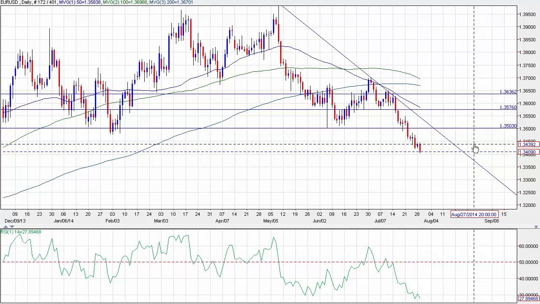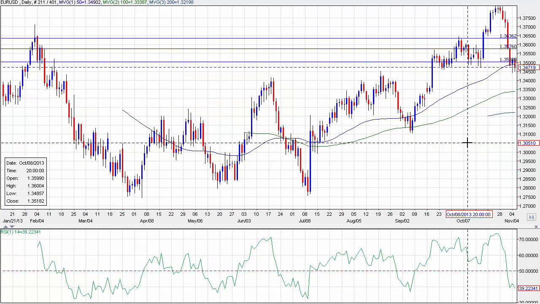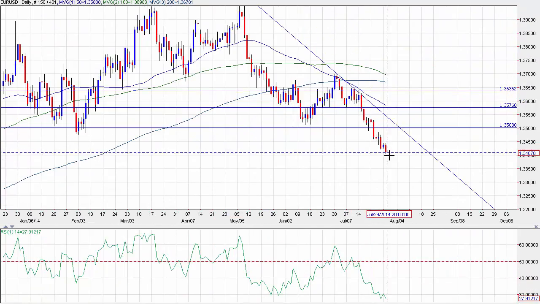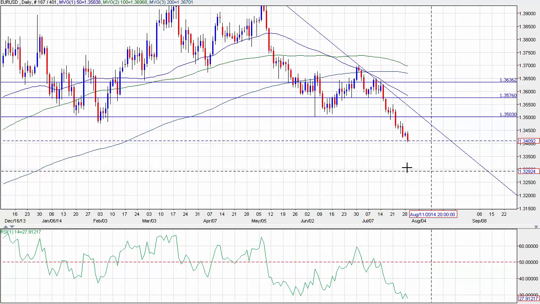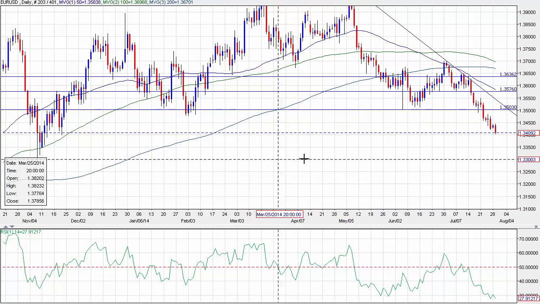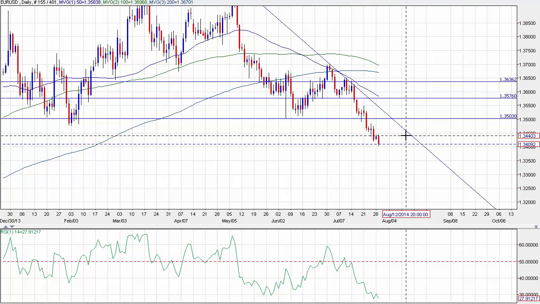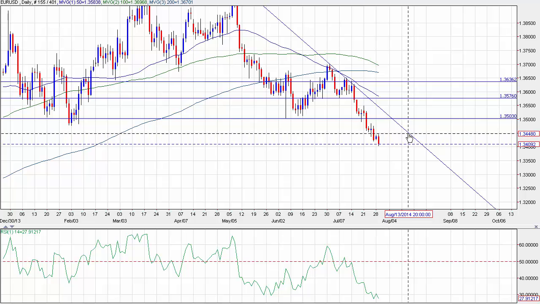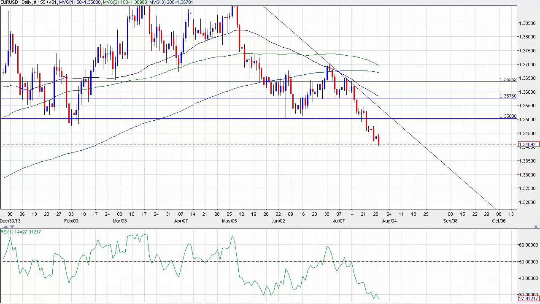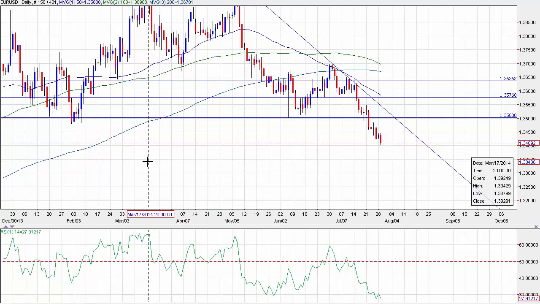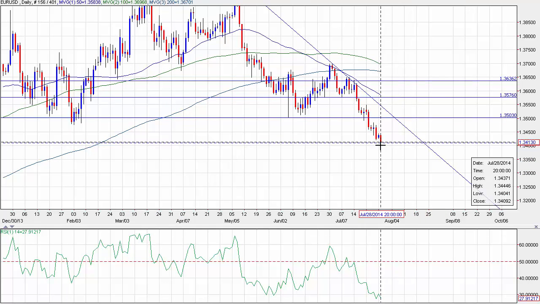Now, if at the end of the day the FOMC is hawkish and indeed hints at a rate hike before mid 2015 or accelerates tapering, we might see euro dollar fall towards 1.33 without a hitch, and we should see it keep below this week's high of 1.3445.